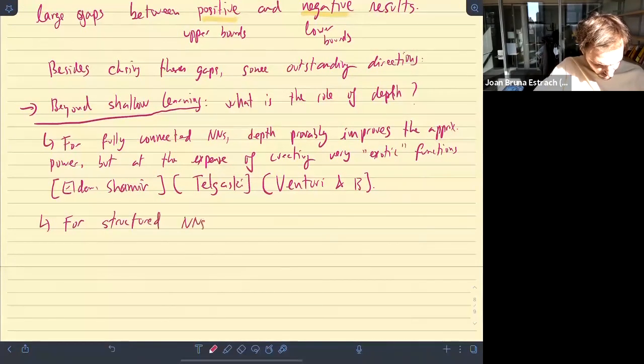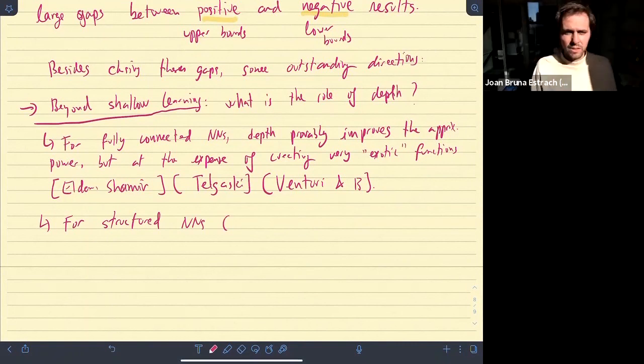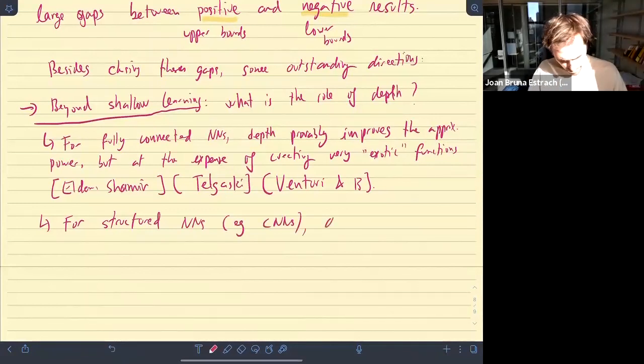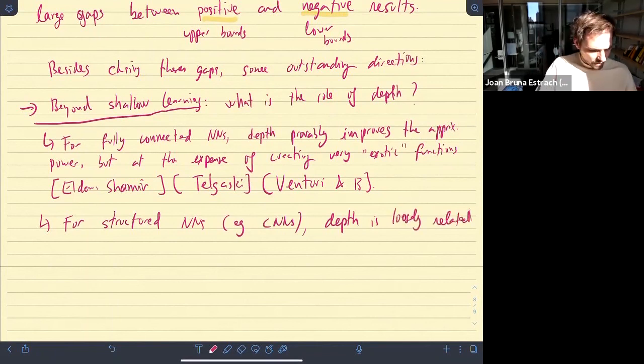For structured neural networks, for example, such as the ones that we just described, where we have a geometric domain, CNNs, the depth is loosely related to physical scales, right?